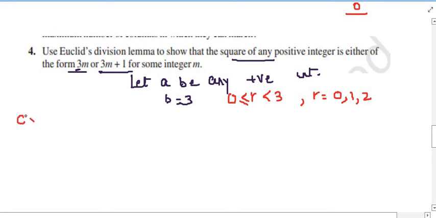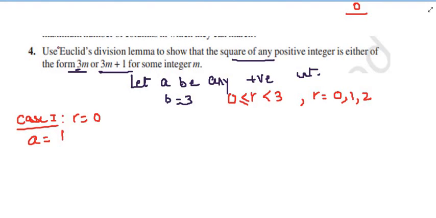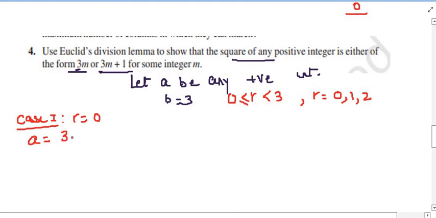So case 1, when r is 0, so a will be equal to bq plus r. b is 3 here. So we will write 3q plus 0. Since we need to show the square of any positive integer, we will square both the sides.